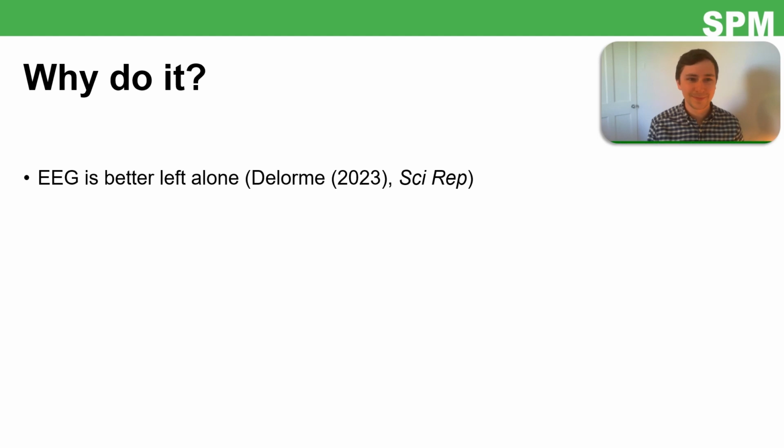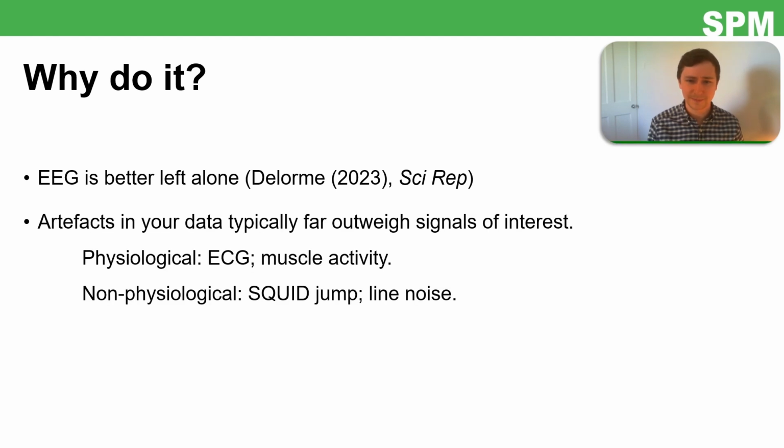So why do it if that's enough? It's enough if your data's clean and you've got lots of trials and a simple design, but you'll usually find that artifacts in your data are not a small problem that you need to get around. You'll find that they're orders of magnitude larger than any of the signals in your data normally.